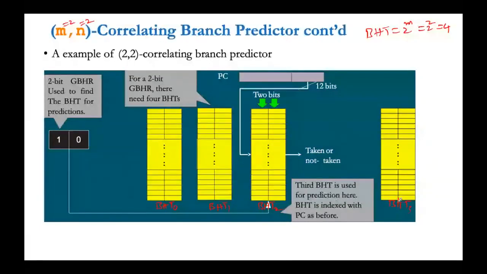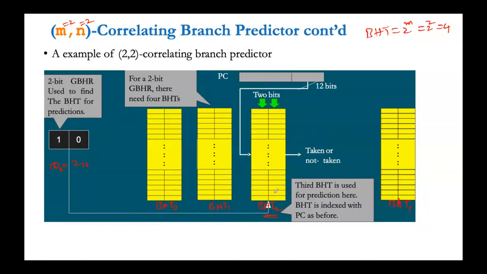If the entry in the global branch history register is 10, that is binary 10, which gives 2 in decimal form, so it is going to select branch history table 2.